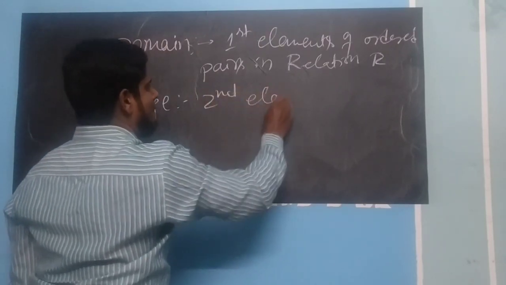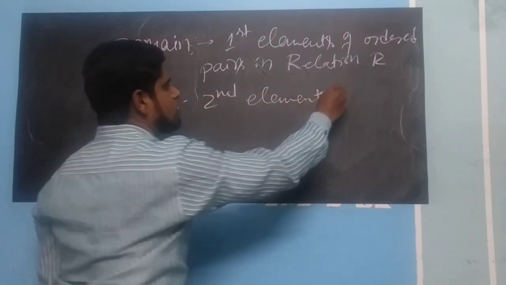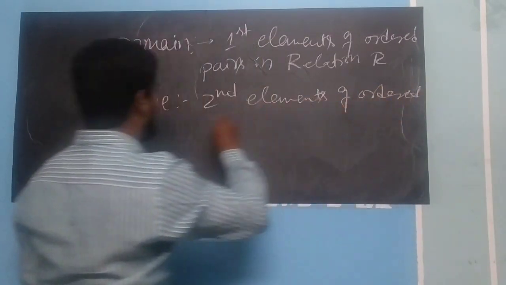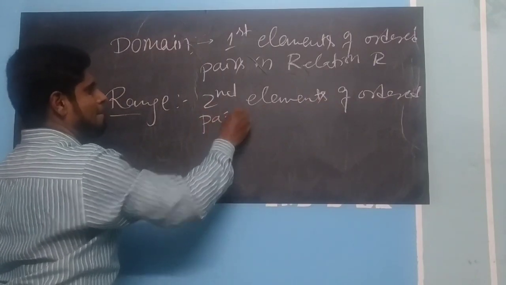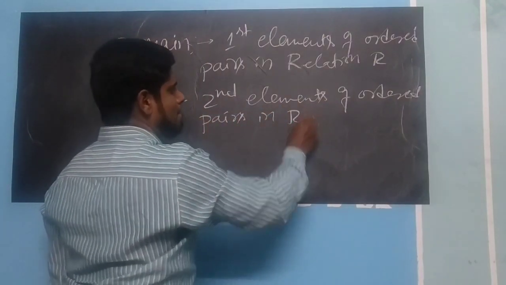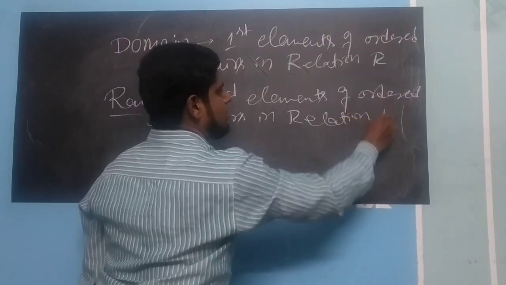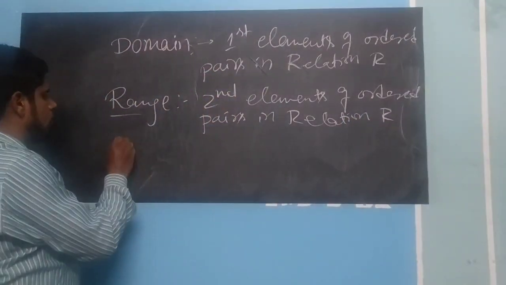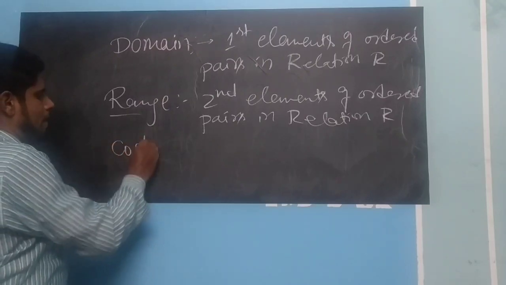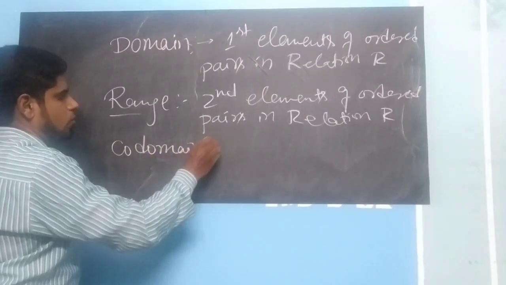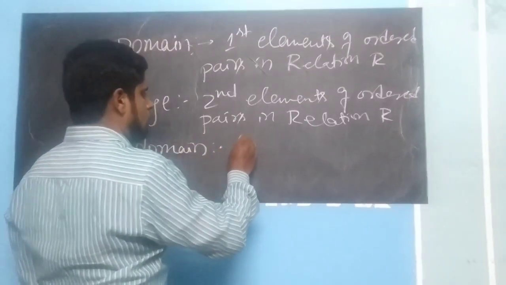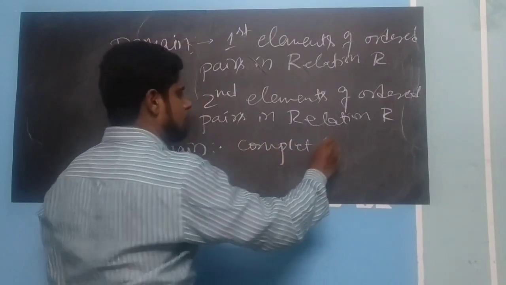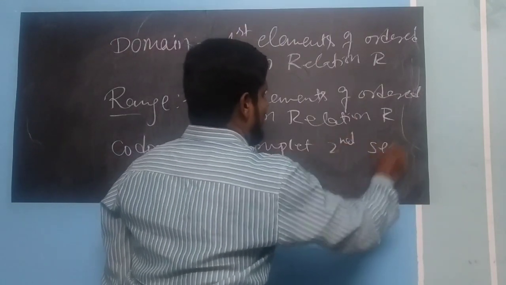Range is the second elements of the ordered pairs in relation R. Then what is codomain? Codomain is the complete second set.